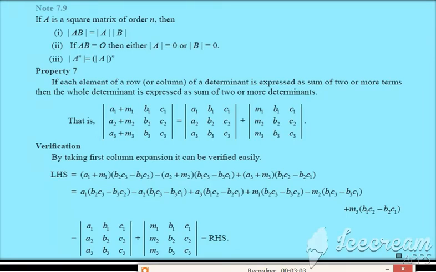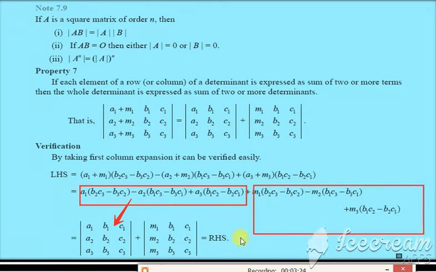This value I can write into a determinant of M1 B1 C1, M2 B2 C2, M3 B3 C3. So the sum of two terms we can express as the sum of two determinants.